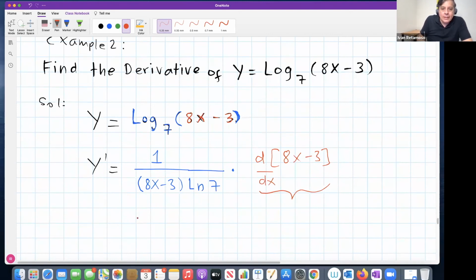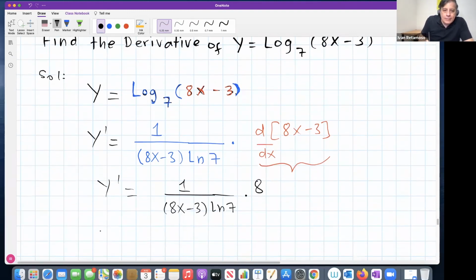Excellent. So putting all this together, this tells us 1 over 8x minus 3 times natural log of 7 times the number 8. And therefore, the answer for this question is 8 times 1, 8 over (8x minus 3).